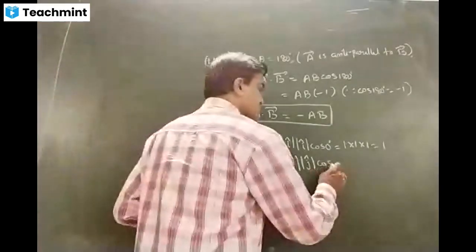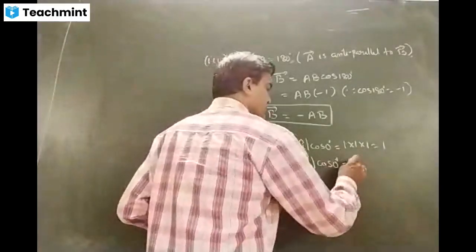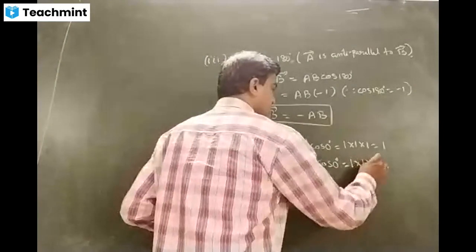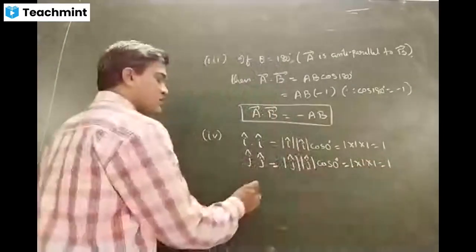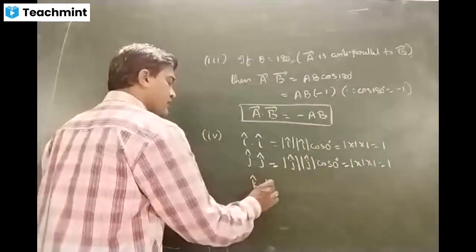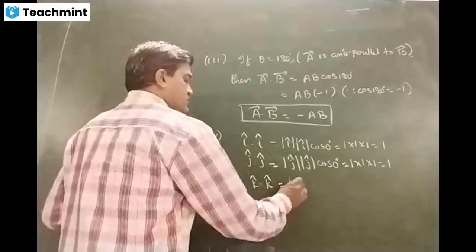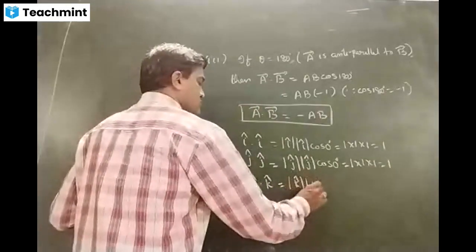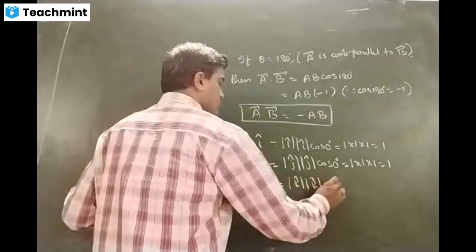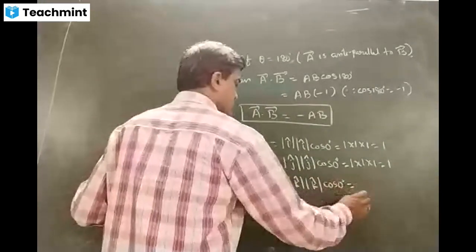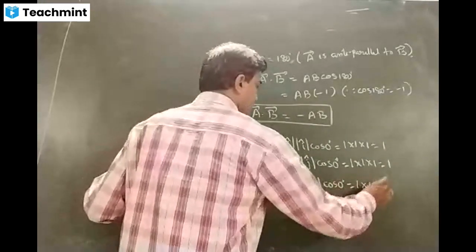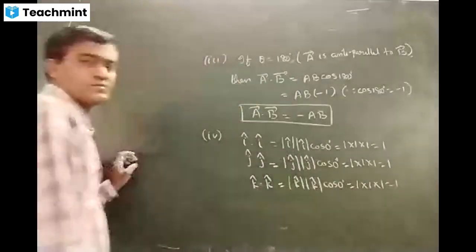So cos 0 degrees, 1 into 1 into 1 is equal to 1. What about K cap dot K cap? Modulus of K cap into modulus of K cap into cos 0 degrees is 1 into 1 into 1, equal to 1.